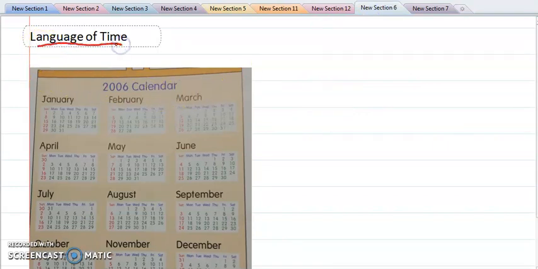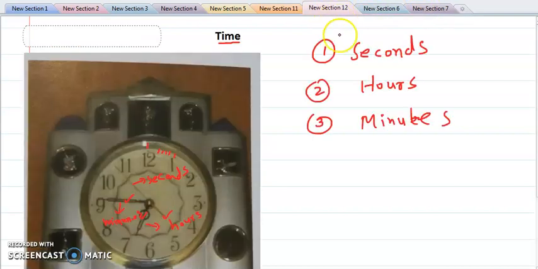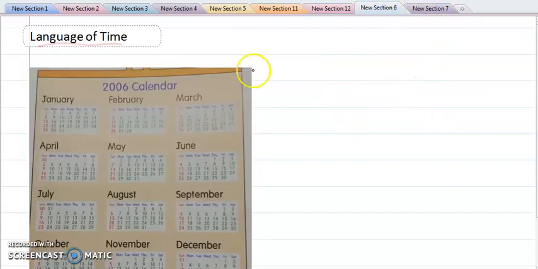About the language of time, time has been divided into different parts. A very small part of the time we call seconds, that we just discussed previously. The smallest part of the time is second, then we have minutes, then we have hours. But if the time duration is larger, then we measure it in days, and if it is even larger, then we measure it in weeks.